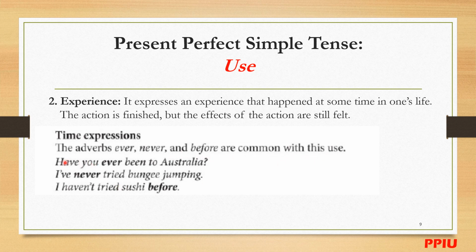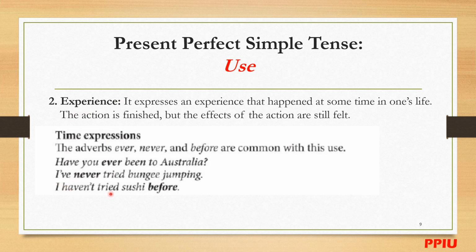For example, have you ever been to Australia? Have you ever been to Australia? Ever been to. I'll never try bungee jumping. It is commonly used with experience.